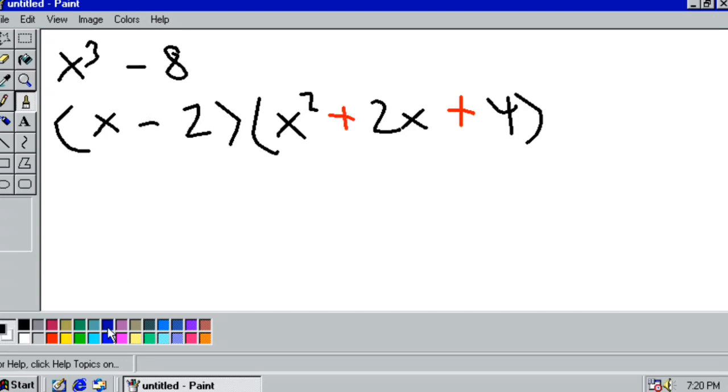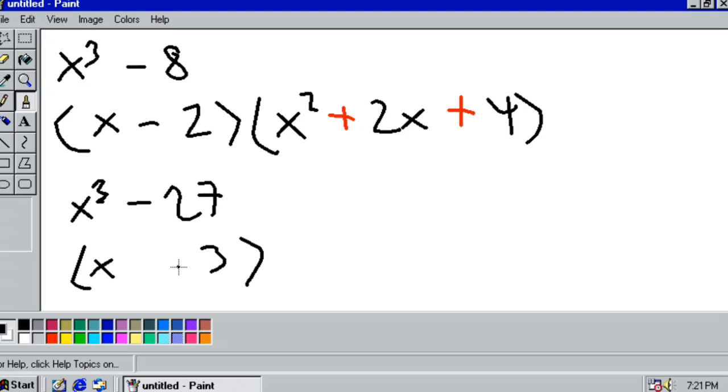Now let's have another example. Let's say we have x cubed minus 27. You can try it if you want. Set up a parenthesis for the binomial. The cube root of x cubed is x. The cube root of 27 is 3, because 3 times 3 is 9, and times another 3 is 27.